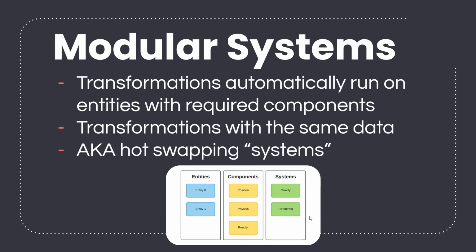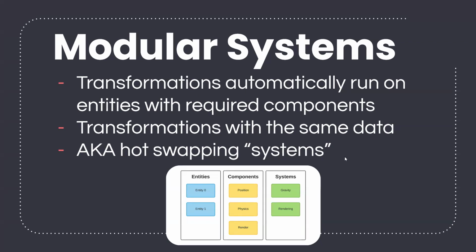And then our systems, like our movement systems, are actually going in, touching that component, touching the transform, adding to its transform using the speed, and manipulating those components. And then in turn, the entity is edited. That's the whole idea of entity component system. It can be a little confusing to start with, but once you grasp that concept that entities aren't real things, they're just IDs, you can kind of understand what's going on.